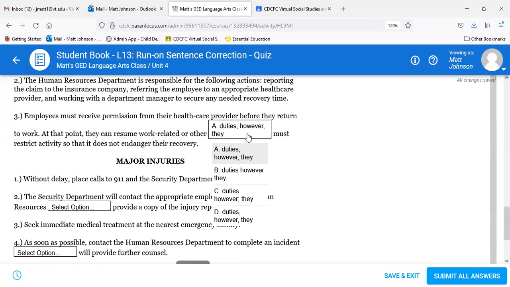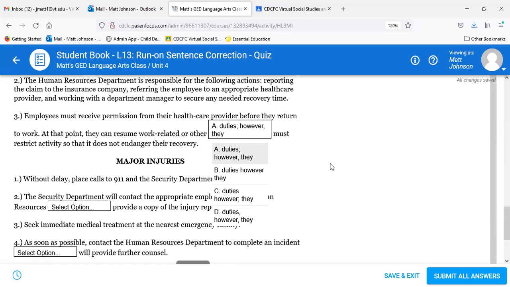Some test taking tips for you. At the bottom, they have however in each case. So that should tip you off that I either need a comma before and after, or I need a semicolon before and after. There's no other way that you'd use however, unless it's at the very beginning of a sentence where you just have however, comma.